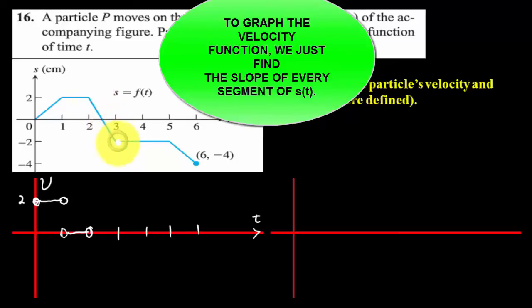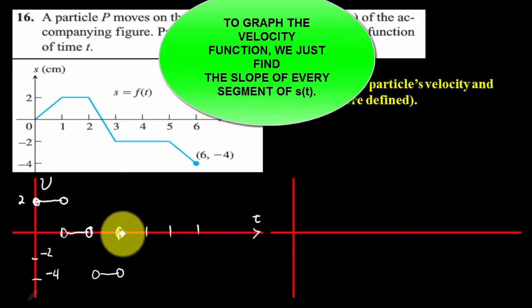Starting from 2 going to -2, the change in y would be -4, and then over 1. So from 2 to 3, the velocity is -4.